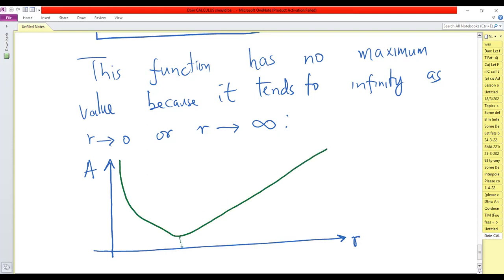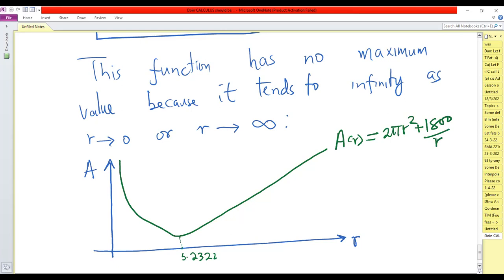The minimum here is around 5.2322. So this is the function A given by 2 pi r squared plus 1800 over r.